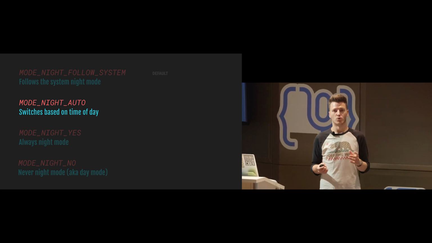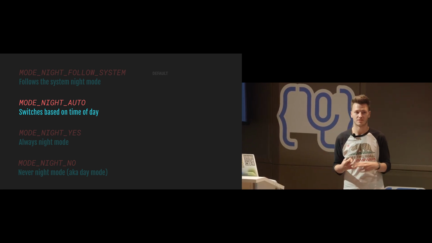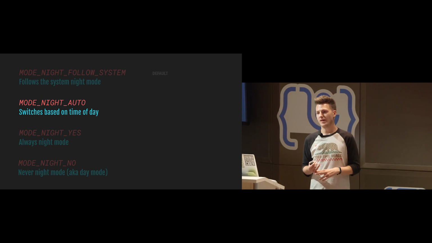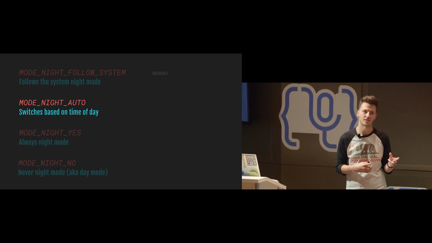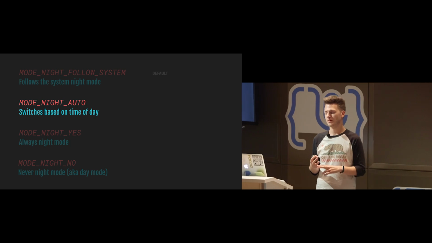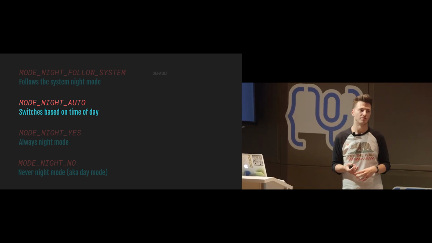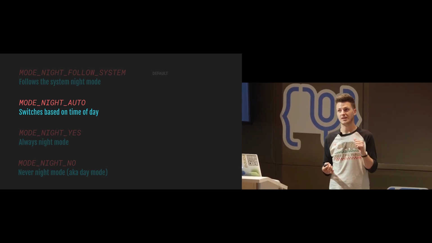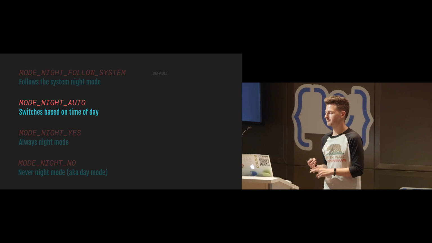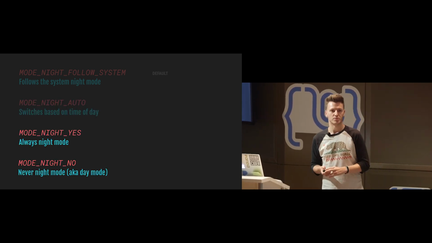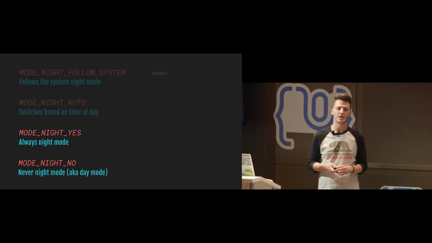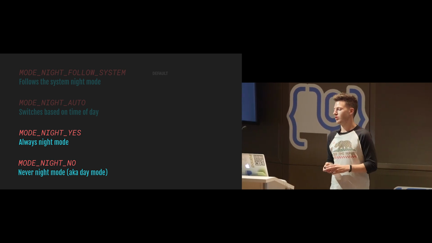If your application already has location permissions, like if it's already requesting them, AppCompat will get the last known location and then try and work out a sunset and sunrise time based on that location. If you don't, it will use some hard-coded values, those being currently 10 p.m. and 6 a.m. And then the other 2 values are yes and no, which do pretty much what you'd expect. Yes being always night mode, no being day mode.